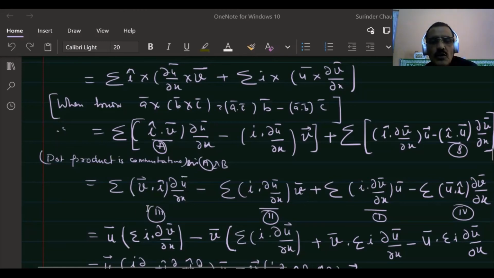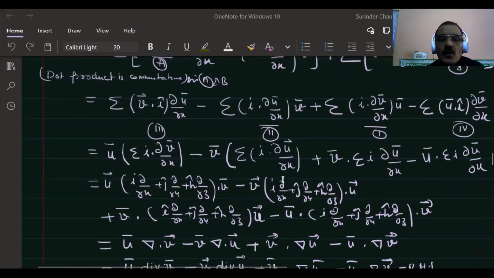Put these two terms in terms of iota. Now the summation is for iota. After rearranging, we write the first term, second term, third term, and fourth term. Now after writing these four terms, we'll find their values.